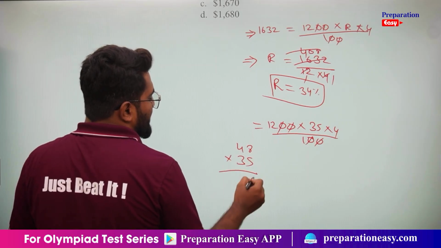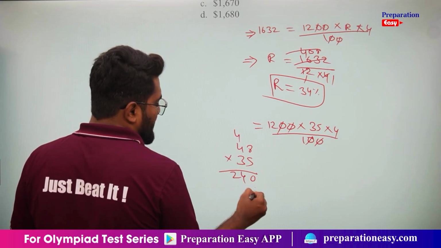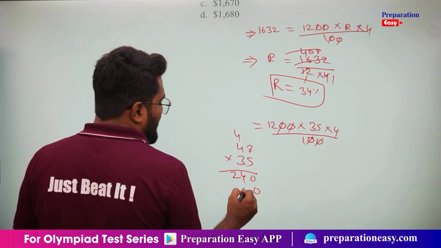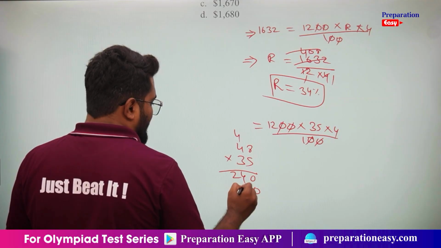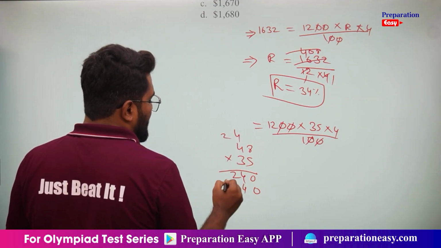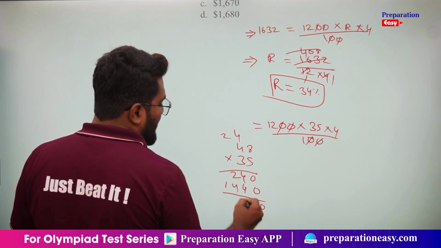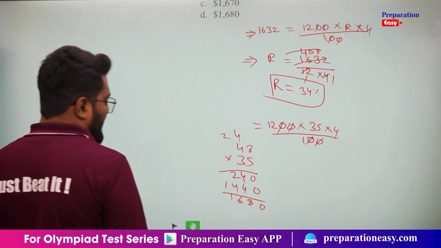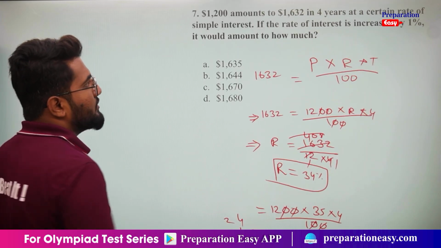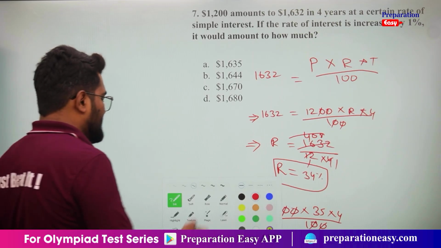So 5 8s are 40, 0 carry 4, 5 4s are 20 plus 4, 24, 8 3s are 24, 4 carry 2, 3 4s are 12 plus 4 plus 2, 14. So our answer will become 1680.